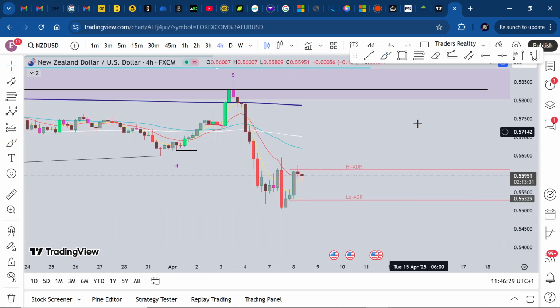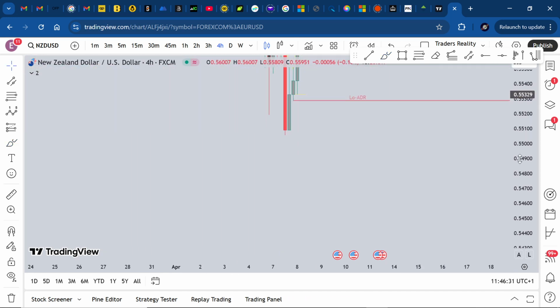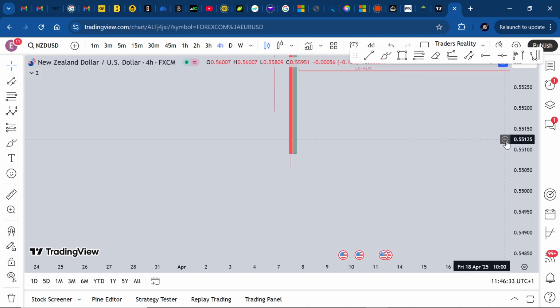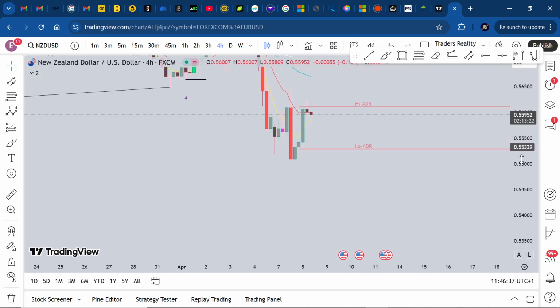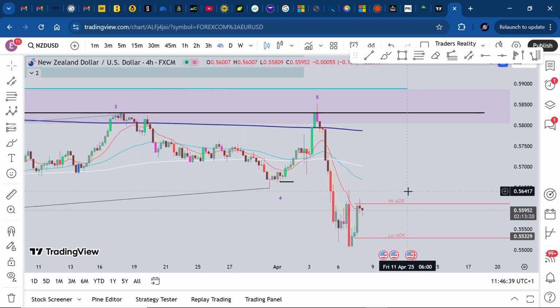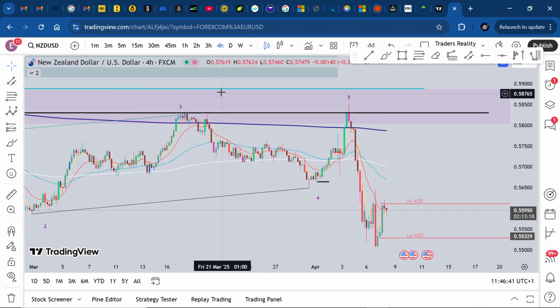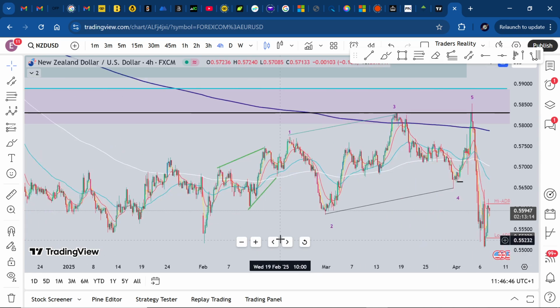Same count down as NZD, apart from we made the low. We don't have a wick at the bottom. Took the highs and took the lows.